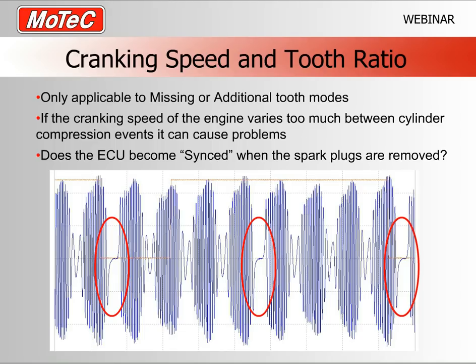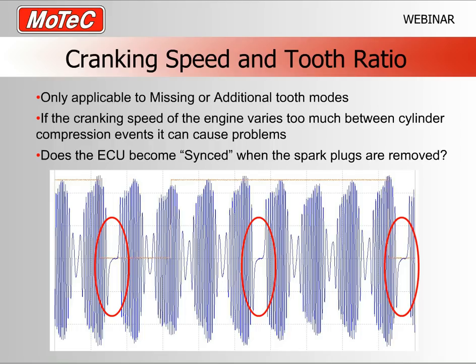Okay, this cranking speed and tooth ratio is becoming more and more of a thing to be aware of. Modern engines will generally these days have a set of missing teeth rather than evenly spaced crank triggers. So the example down the bottom here is a 4-cylinder motorbike engine.